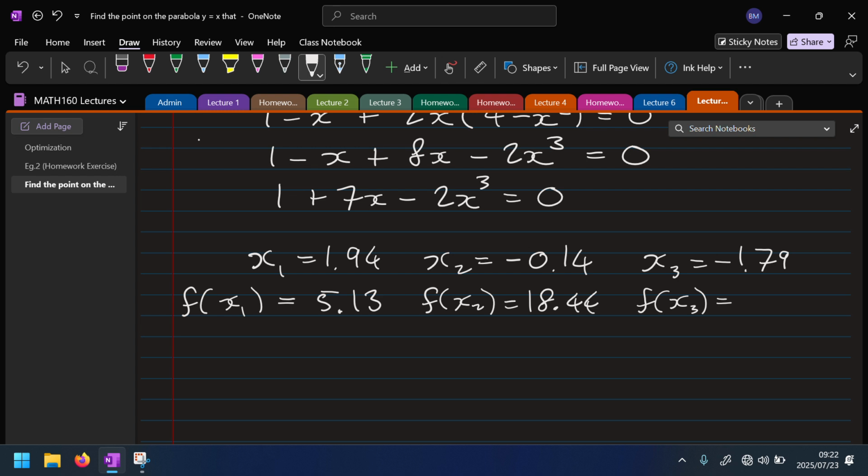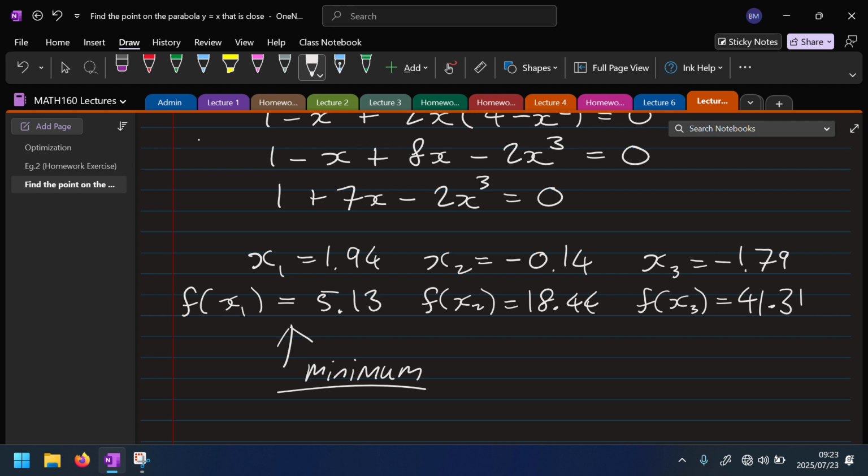That's 41.31. Well, it's definitely not that one. We want the smallest, so that will be the first one there. That's going to be the minimum.